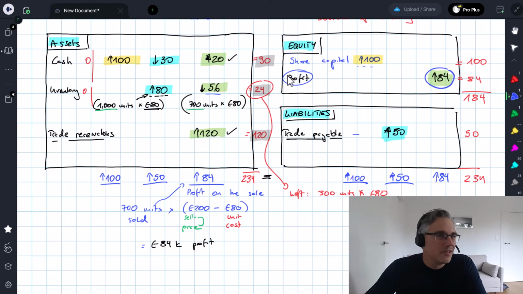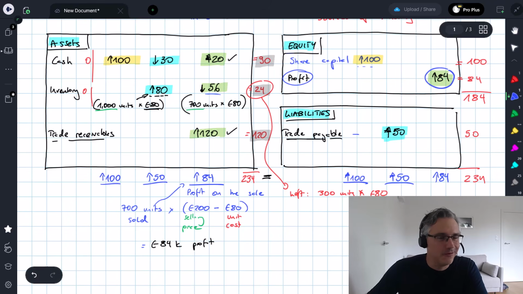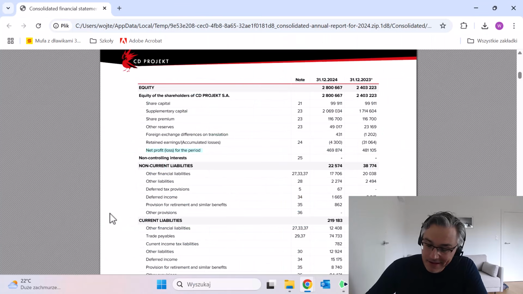The reason why they say net profit is because it's profit after tax, and I completely ignored mundane things like taxation in my example, but let's not worry about that at all. Over here we've got the profit for the period given for years that ended on the 31st of December 2024, and also in the next column 2023.